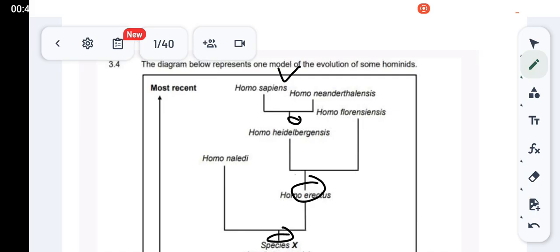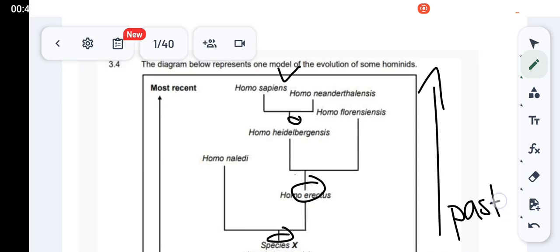Those are what we call descendants. So we always move from down to upward, from the past till the most recent. That is a phylogenetic tree.